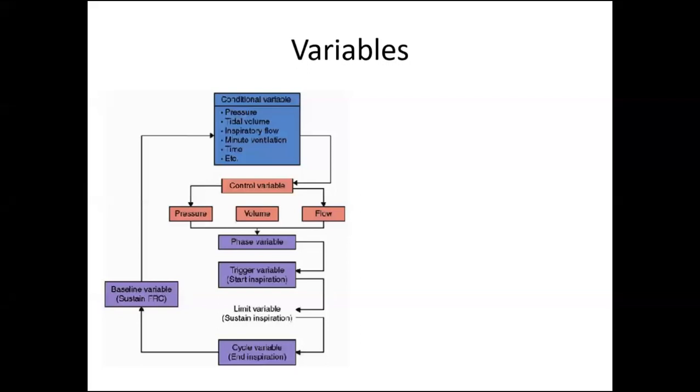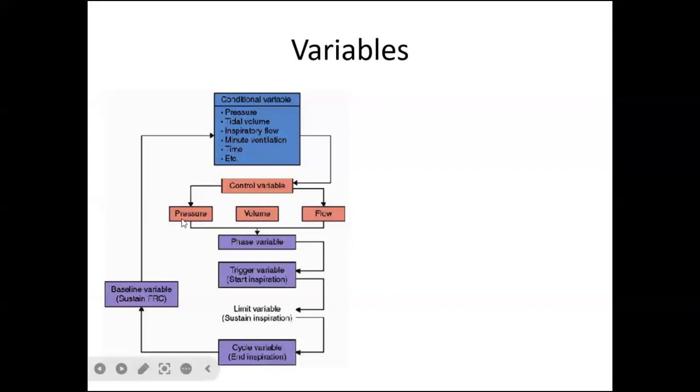So in volume control ventilation, you are not controlling volume directly. You are controlling flow, and indirectly controlling volume. In pressure control ventilation, you are controlling pressure. If you control pressure, you cannot control volume. If you control volume, you cannot control pressure. So that is vice versa.